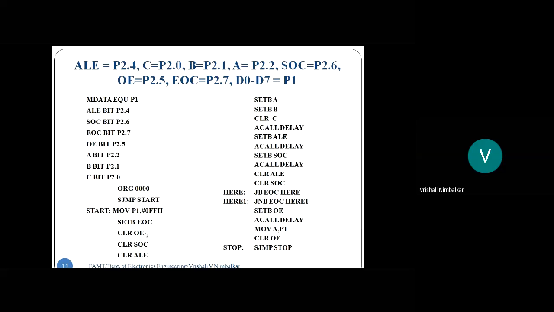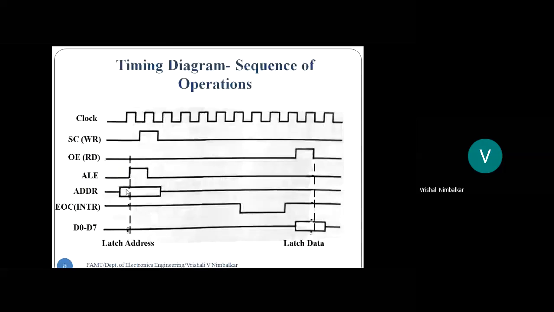Next, what is the default status of the other control signals? The OE signal is cleared, logic 0. SOC is also logic 0 and ALE is also logic 0. So the first thing is initialization, assigning those pins as inputs and clearing the control signals OE, SOC, ALE. Now what is the next step? Place the address of channel 3 on the ABC bits.